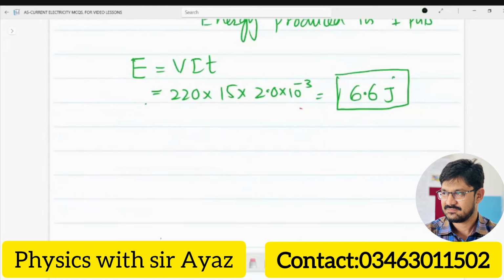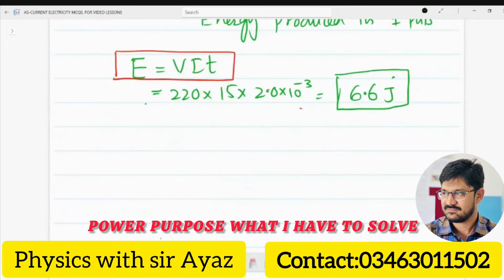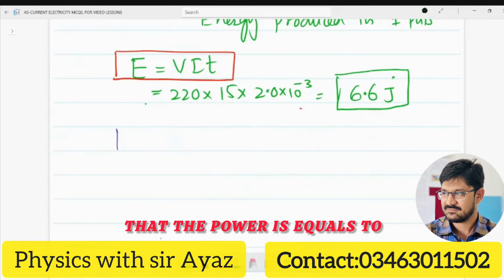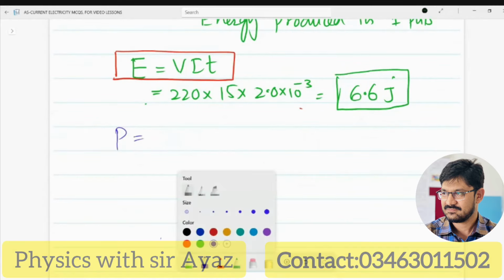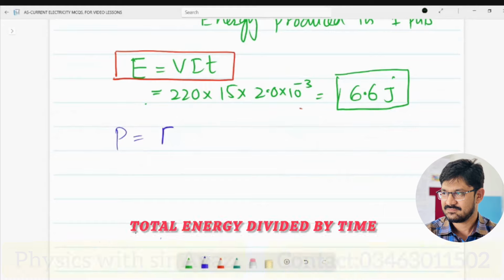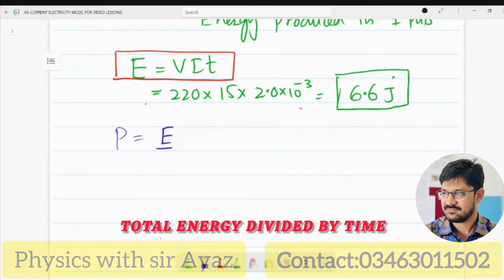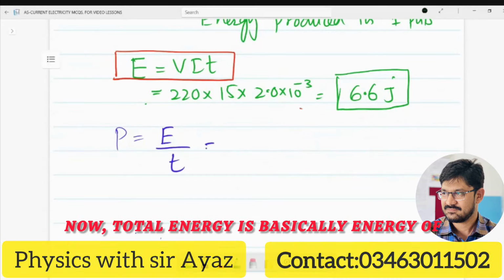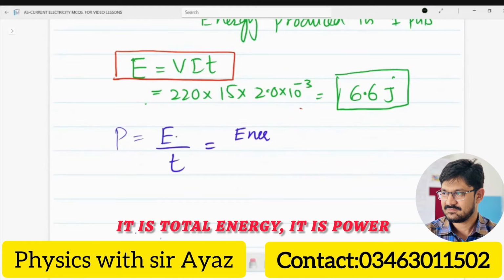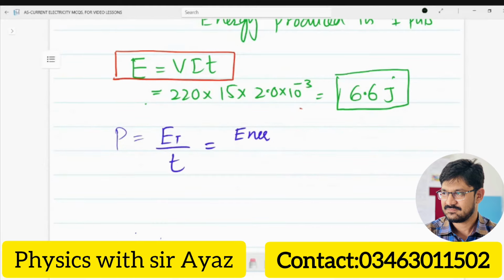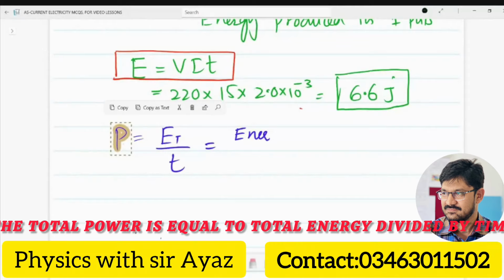Now, for power, what I have to solve is that power is equal to total energy divided by time. So total power is equal to total energy divided by time.